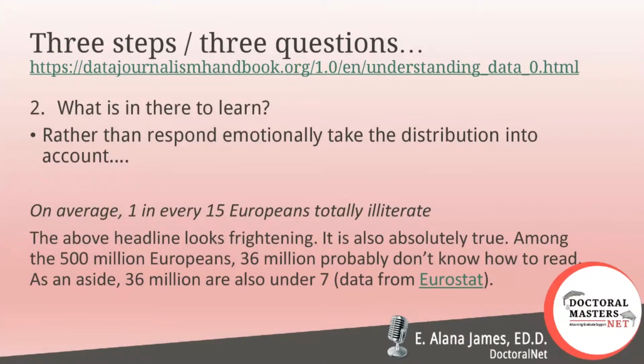So the next question is, what can we learn from these data? Rather than responding emotionally, we need to take the distribution into account. I love this one. 1 in 15 Europeans is totally illiterate. Now, what kind of a response do you have? Actually, it's true, because 1 in 15 Europeans is under the age of 7, and under the age of 7 does not have the level of literacy.